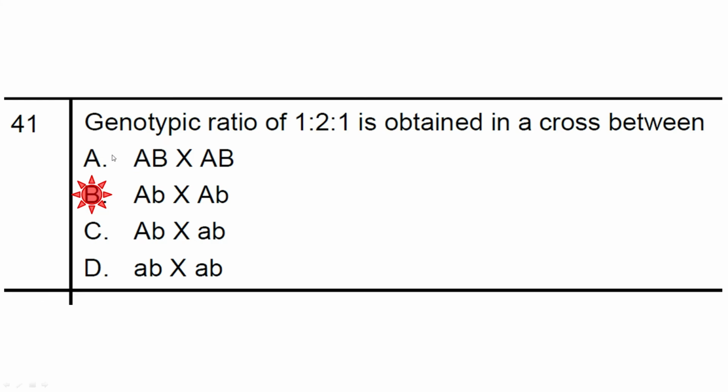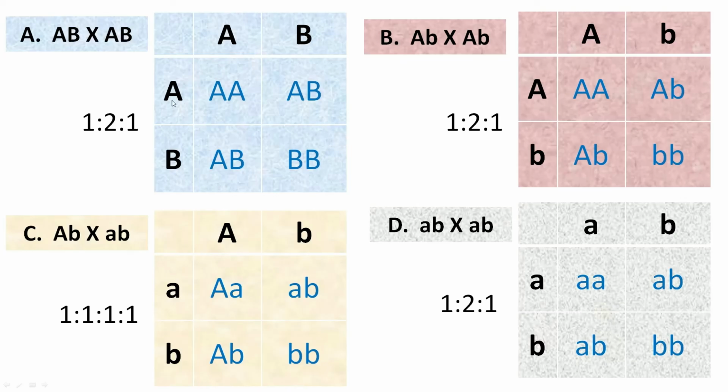Why? Because if we solve each of the crosses one by one, we find that except for C, all the other crosses give the genotypic ratio of 1:2:1. To confirm that, I have done the crosses over here.